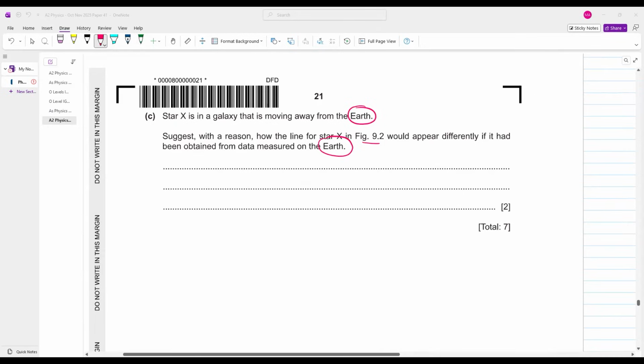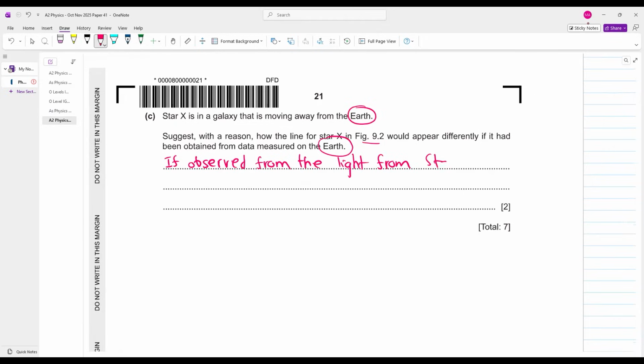So you will say, if observed from Earth, the light from star X will be red shifted. The light from star X will be red shifted. What will you write after this?